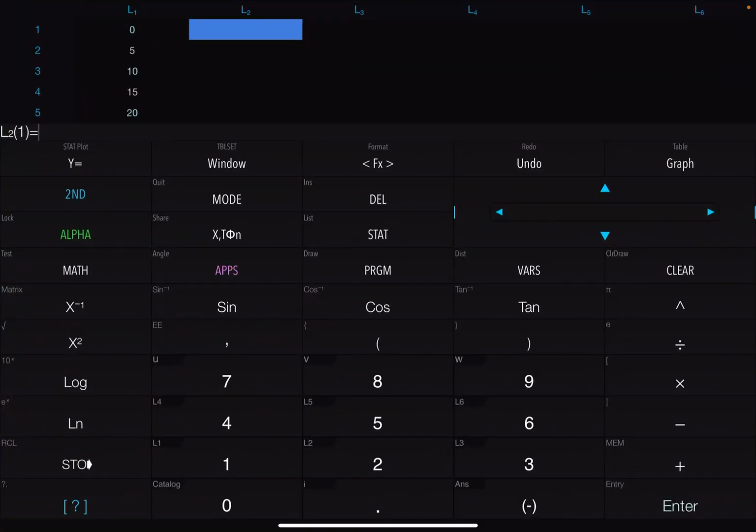So let's place those into our column. 140, enter, making sure that on the left in L1, that's the correct X value in the coordinate pair. 140, 120, 100, 80, and 60. So we have our full list here, from 0 to 20 on L1 for our X and 140 to 60 on our Y.